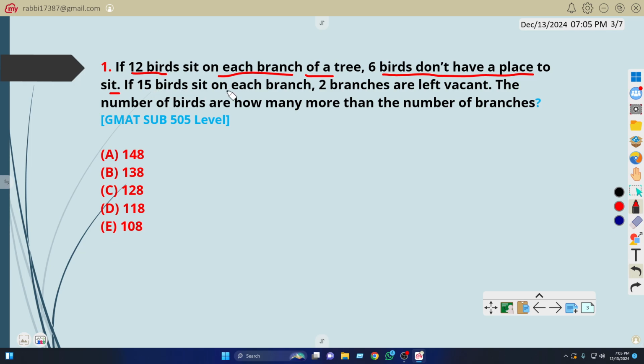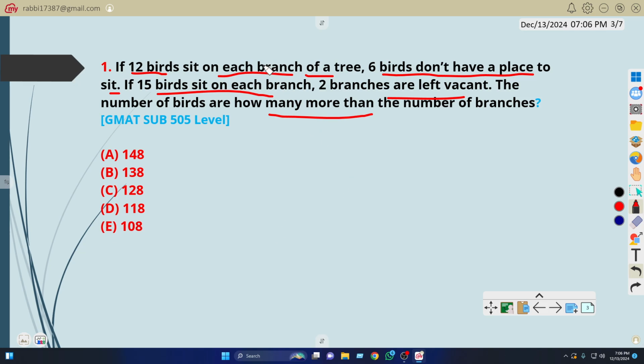If 15 birds sit on each branch, then two branches are left vacant. The number of birds is how many more than the number of branches? We should identify the difference between the number of birds and the number of branches, and then we can easily find the answer among the options A, B, C, D, etc.